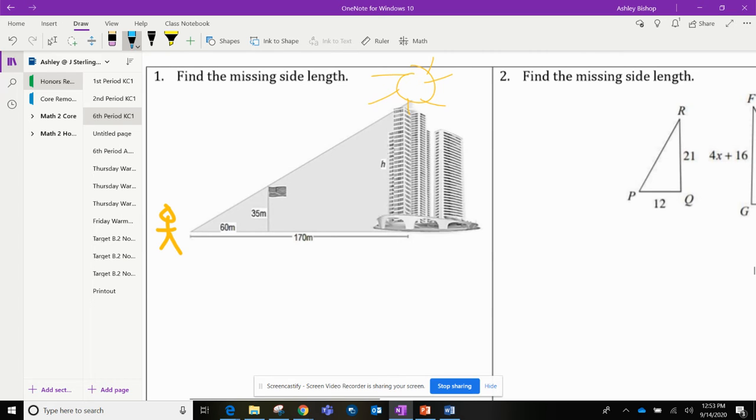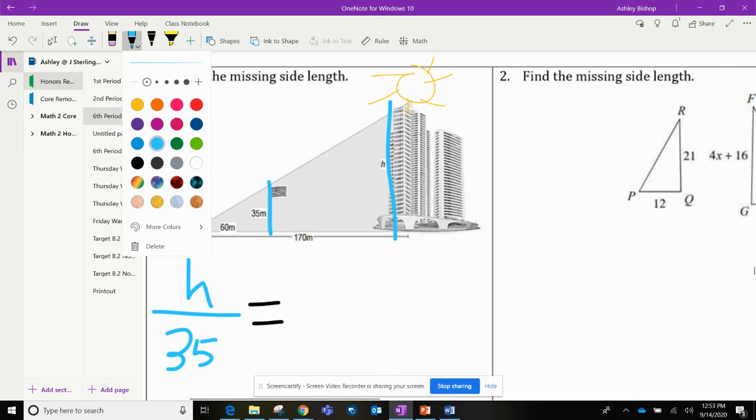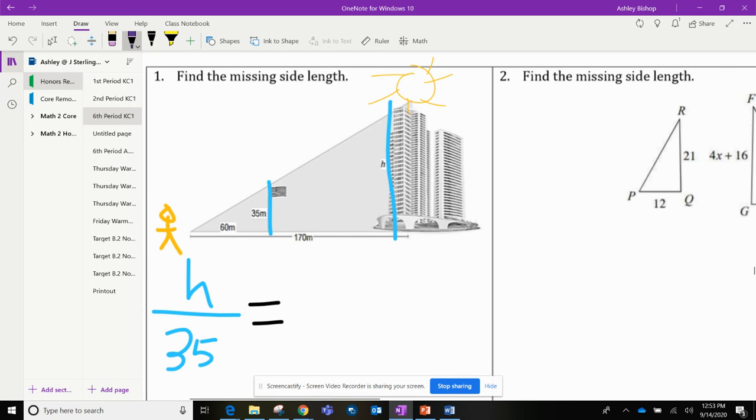So I'm going to take the height of the building, which I don't know yet, and I'm setting a proportion with the height of the flagpole, which is 35. So H over 35. And I'm going to set that equal to shadow with shadow. So your shadows are right next to you.